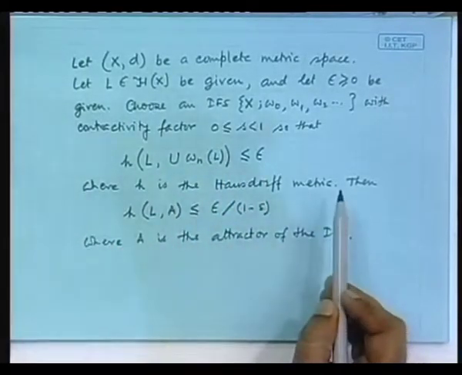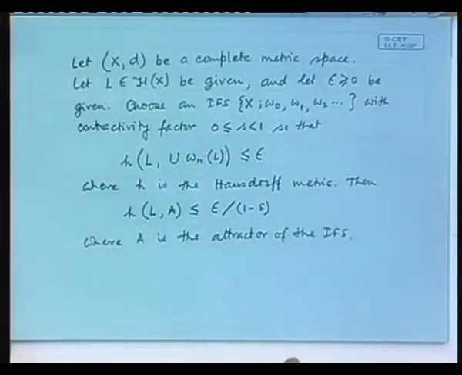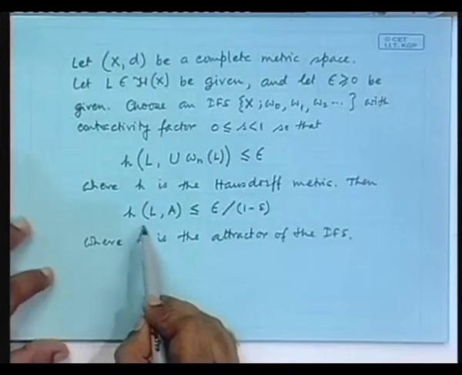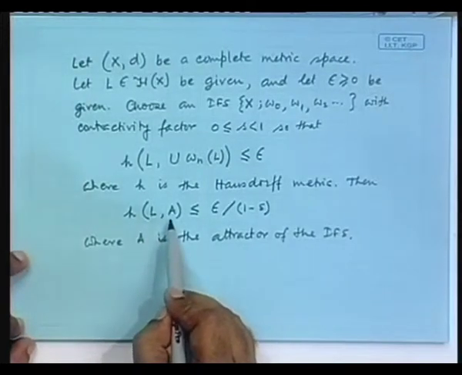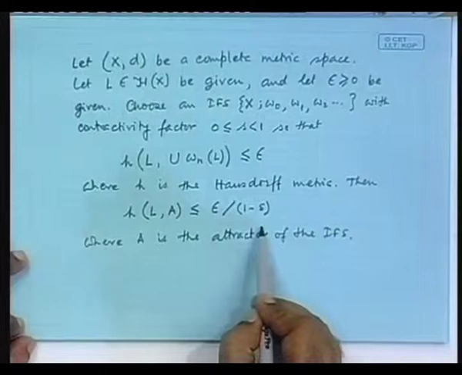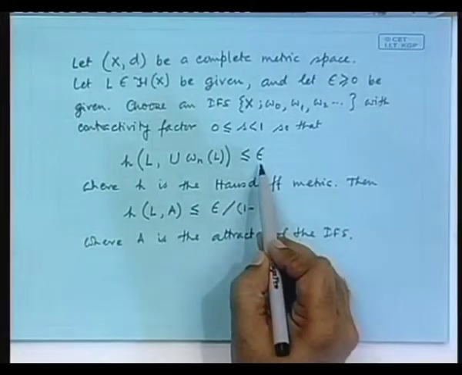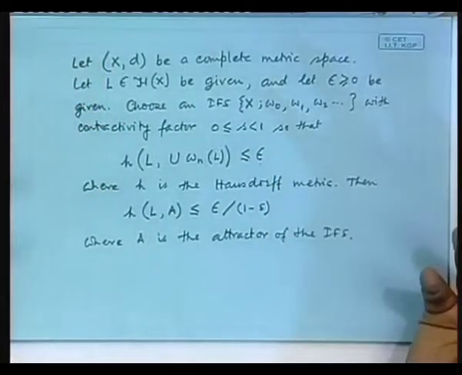Then this theorem states that ultimately the Hausdorff distance between the original set and the attractor of that IFS will be smaller than this number. Now, if you can make epsilon 0, the ultimate thing will also be 0.